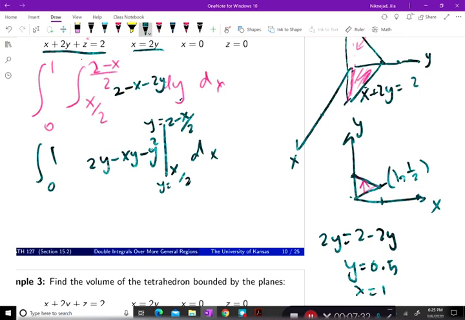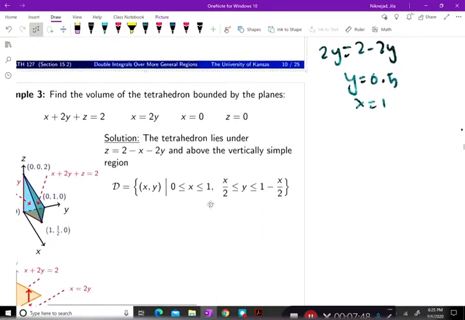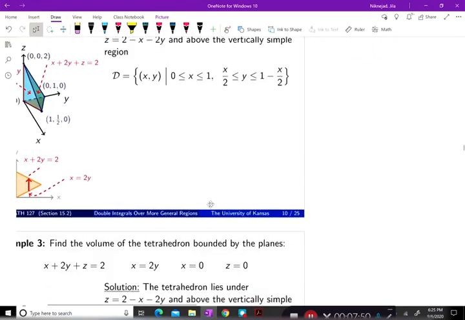So one part that was important here was to be able to draw some three-dimensional objects, and then to understand how the projection of that three-dimensional object was in the xy plane, so you can actually calculate the region in there.